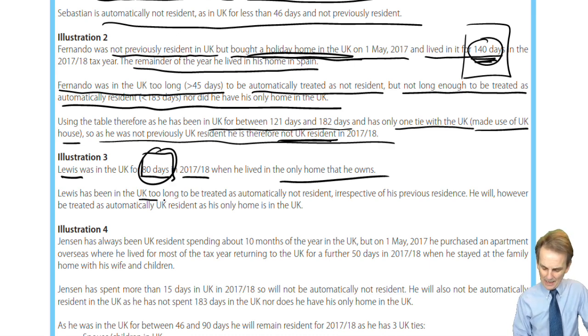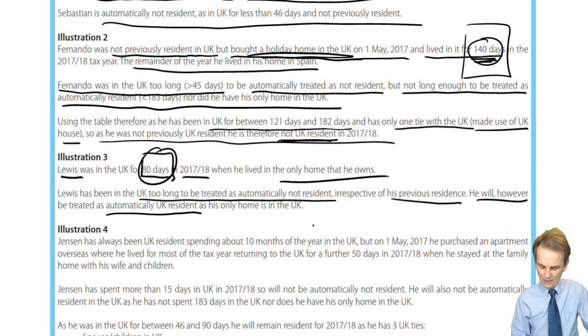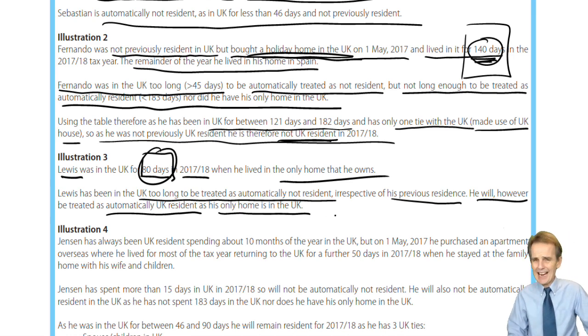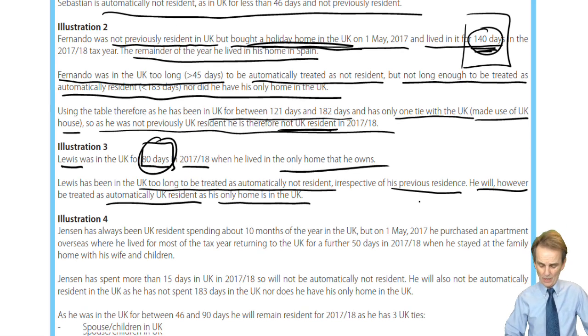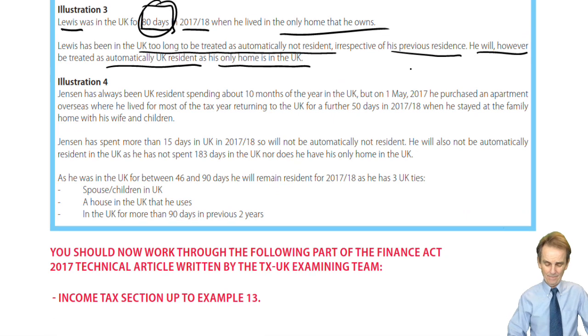So Lewis has been in the UK too long to be treated as automatically not resident, irrespective of his previous residence there. He will, however, be treated as automatically UK resident as his only home is the UK. That's the criteria. Not based on the number of days, 80 is not at least 183, but based on the fact that his only home is in the UK.